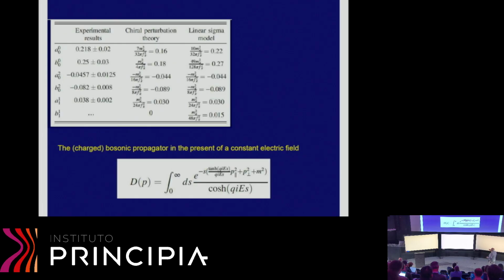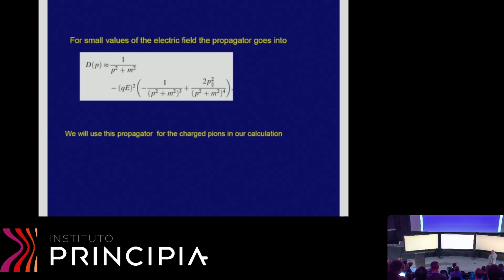This is the Schwinger propagator for electric fields. For our calculations, we went into the regime of electric fields of small intensity, so we expanded the previous propagator, and you find this propagator in the regime of small electric intensities.